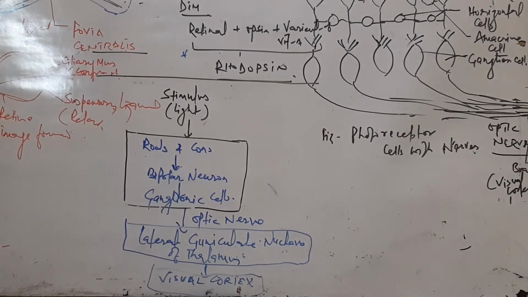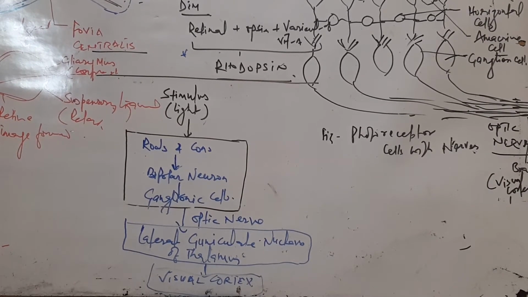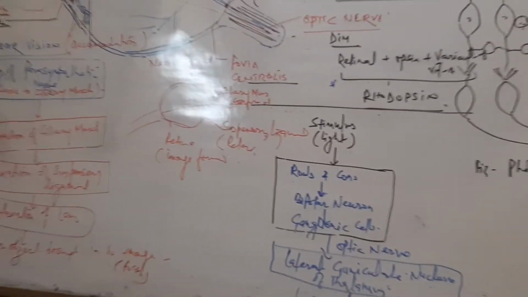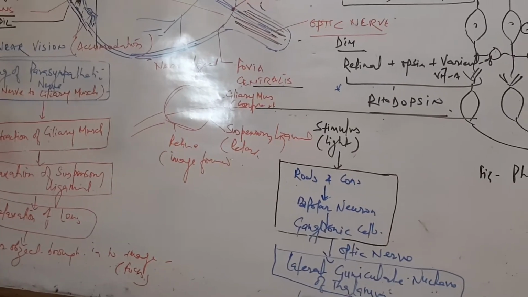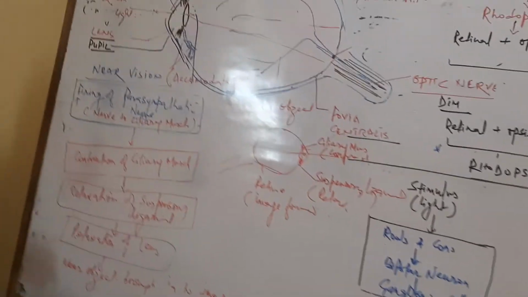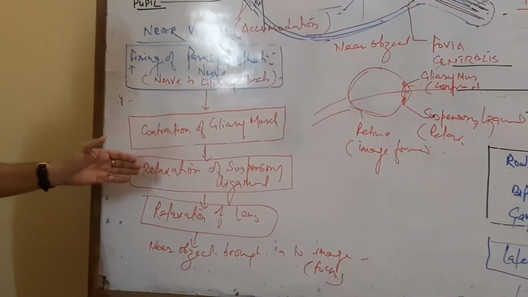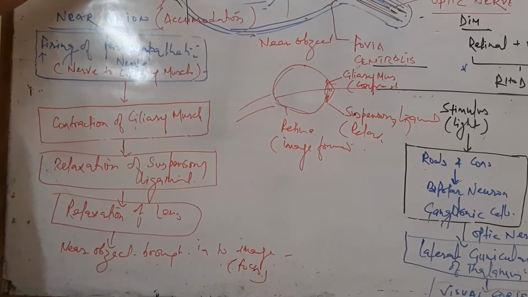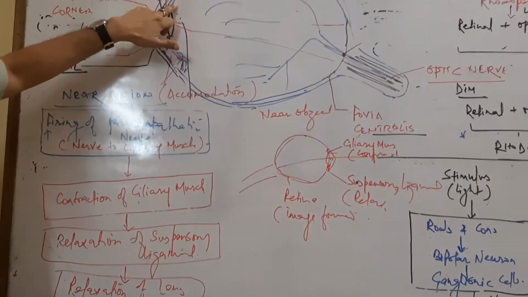Another one is near vision, the accommodation process, how far and near objects become visible. There is a change in the lens through the firing of parasympathetic nerves: the ciliary muscles are activated and contract, and the suspensory ligament relaxes. Here are the suspensory ligament and the ciliary muscles in the ciliary body.